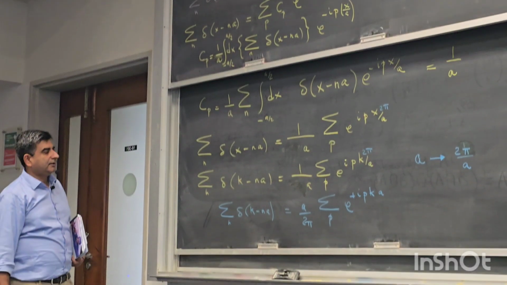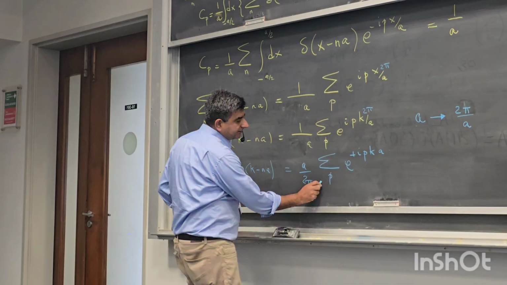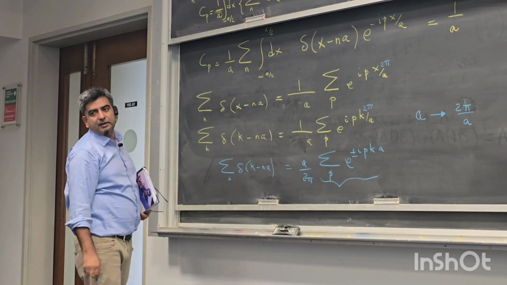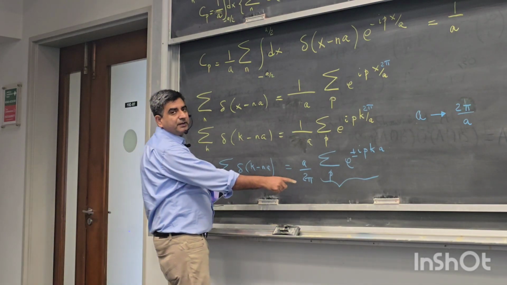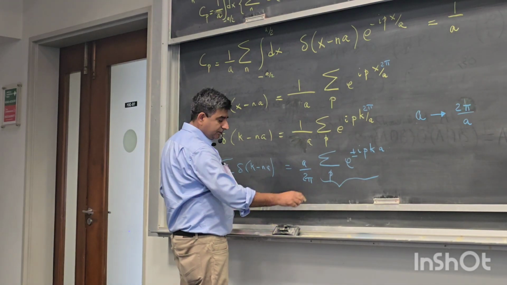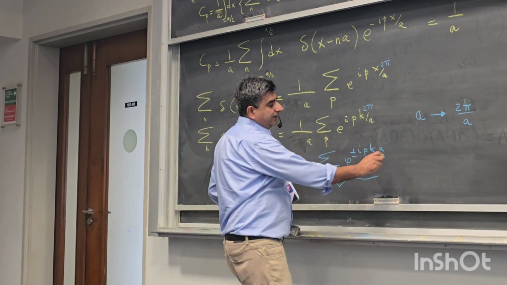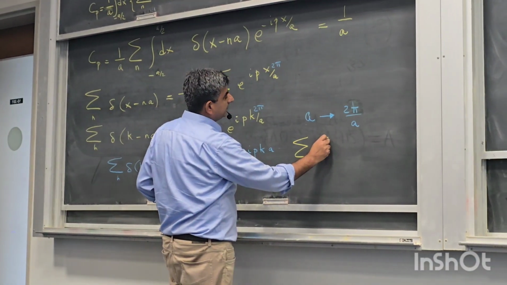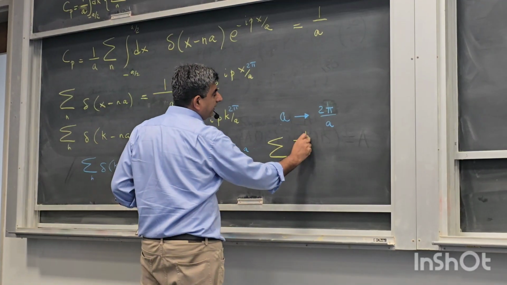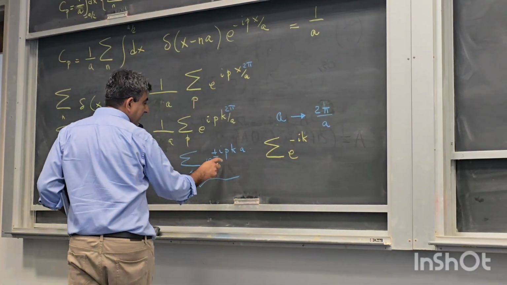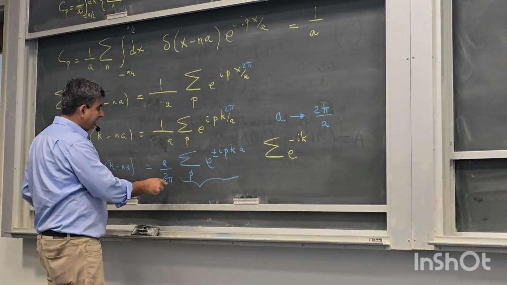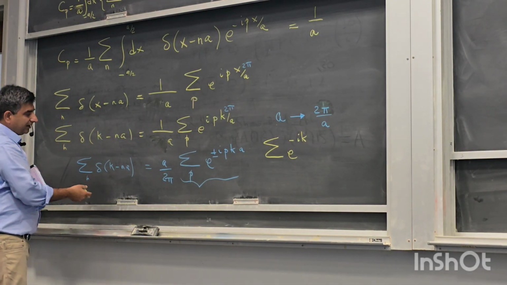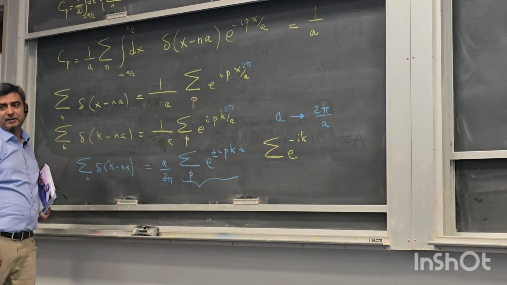Correct? Now what this means is that this sum, I can put a minus sign here as well, can't I? Because it's a sum over all p's. So this means that my sum over e to the minus i K, now since it's the sum over all integers, I can replace this p with an N, doesn't matter.